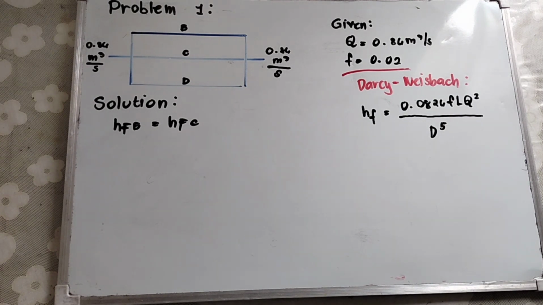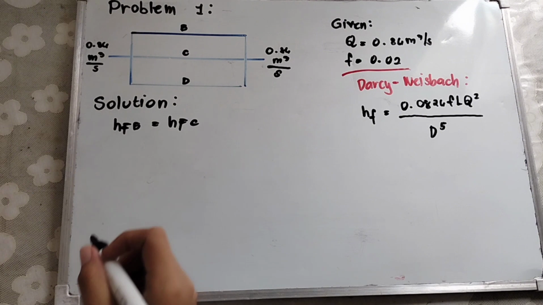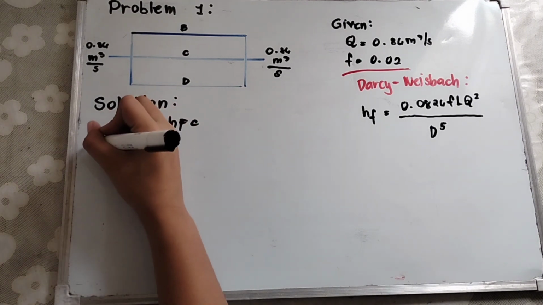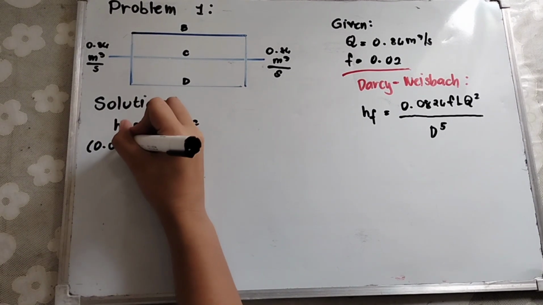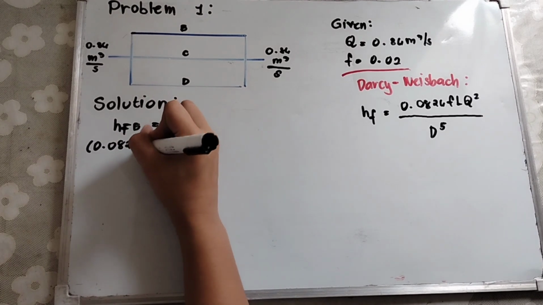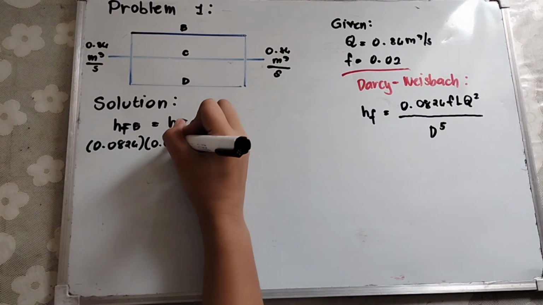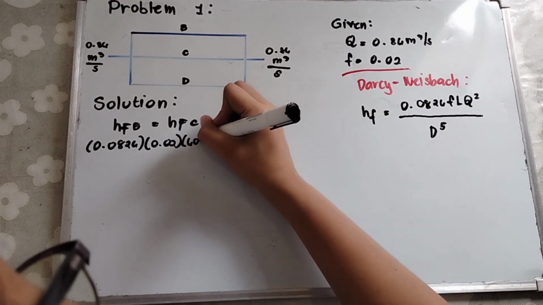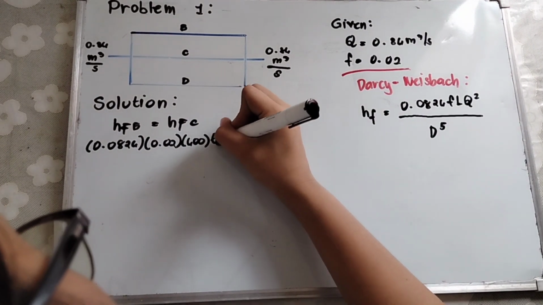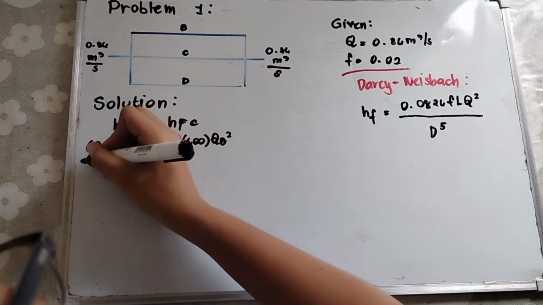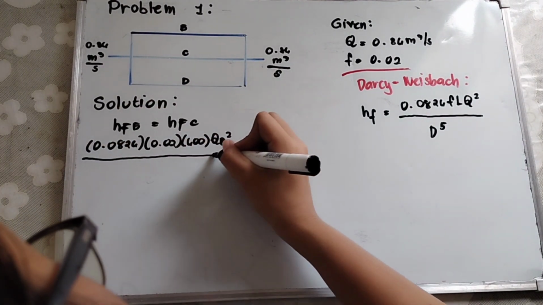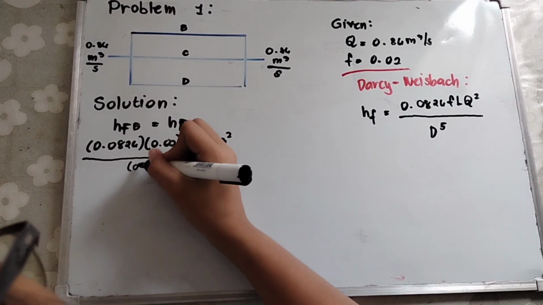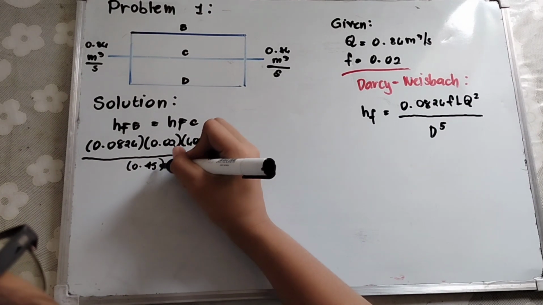Now we can use the Darcy-Weisbach formula to calculate the discharge at all pipes. To substitute, we have the constant 0.0826 multiplied by 0.02, which is the friction factor. Next is the length, which is 600 meters, multiplied by the discharge at B raised to 2 over 0.45 raised to 5, which is the diameter.